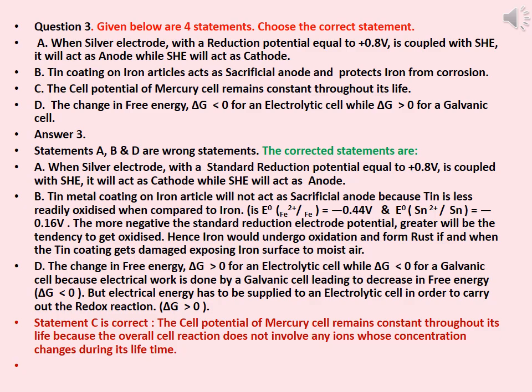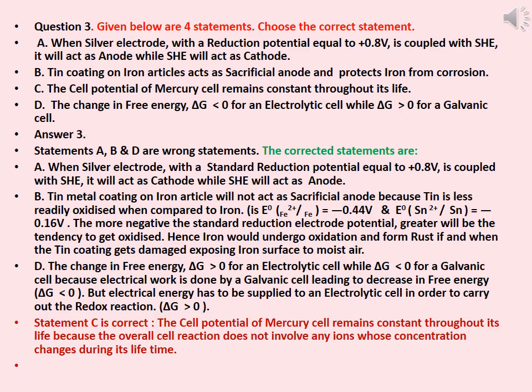B. Tin coating on iron articles acts as sacrificial anode and protects iron from corrosion. C. The cell potential of mercury cell remains constant throughout its life. D. The change in free energy delta G is less than 0 for an electrolytic cell while delta G is greater than 0 for a galvanic cell.